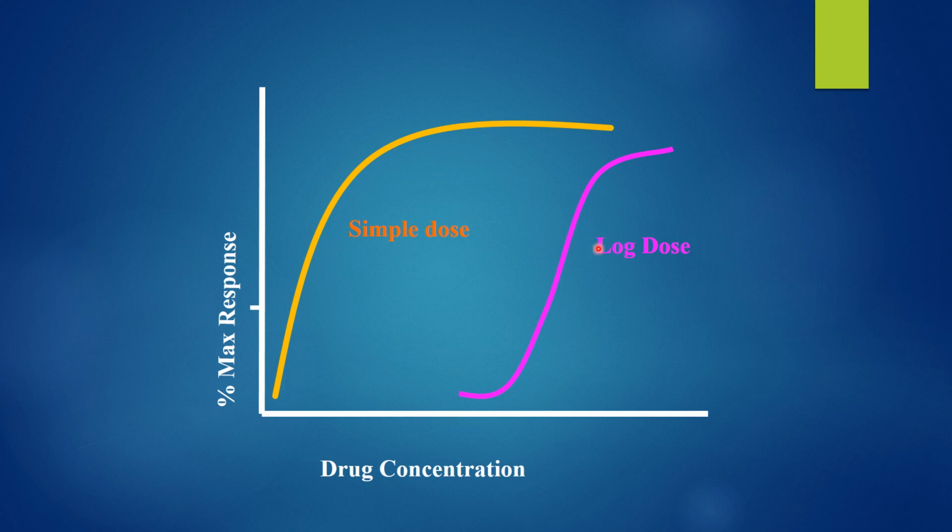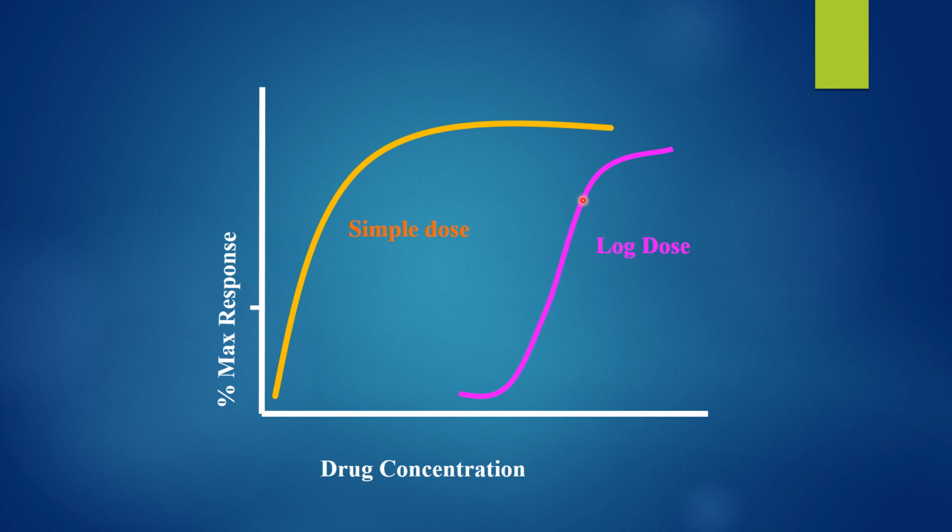When we are taking a log dose response curve, the initial part will be slow and then it increases. When the dose is within 30% to 70%, we will get a steep increase in the graph, and then a region where it becomes the maximum response. Further increasing the dose, there will be no difference in the response. But we are getting a linear line between 30 to 75% of doses.